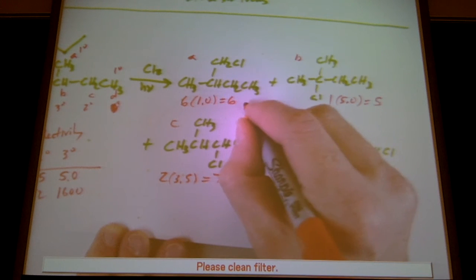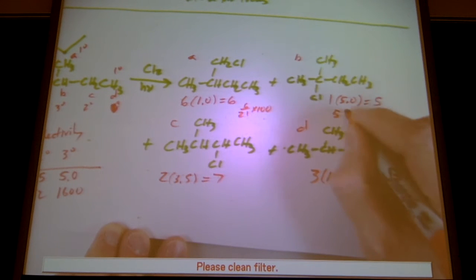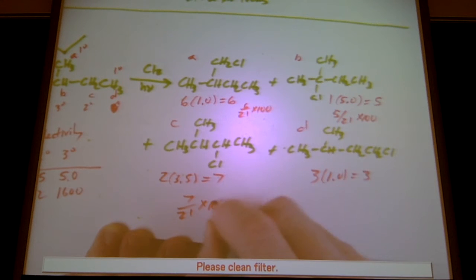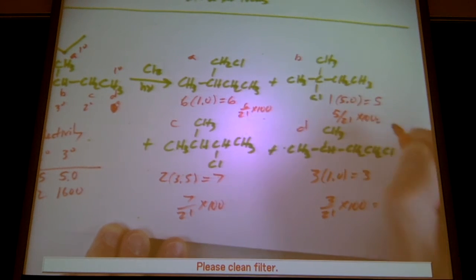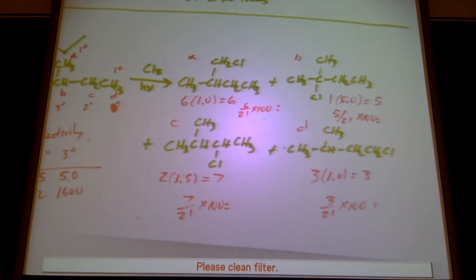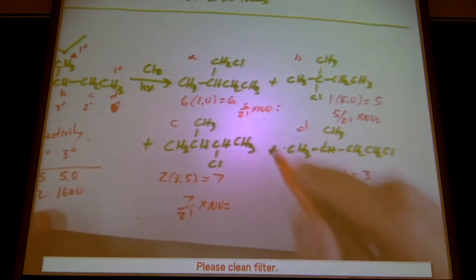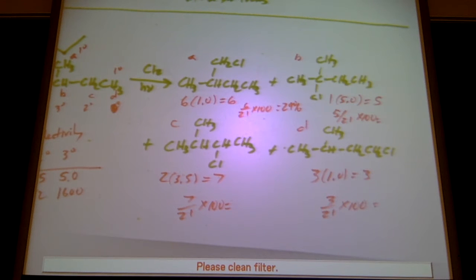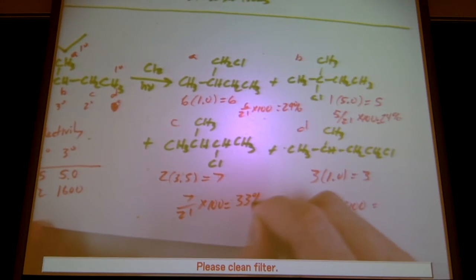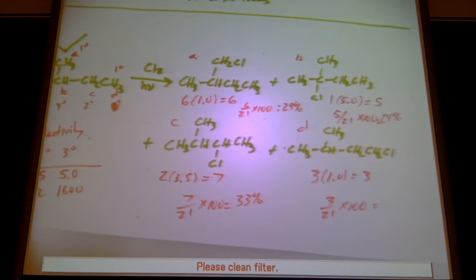So to find my percentage then, I'd say take 6 over 21 times 100, 5 over 21 times 100, 7 over 21 times 100, 3 over 21 times 100. So 29%, 24%, 33%, 14%.